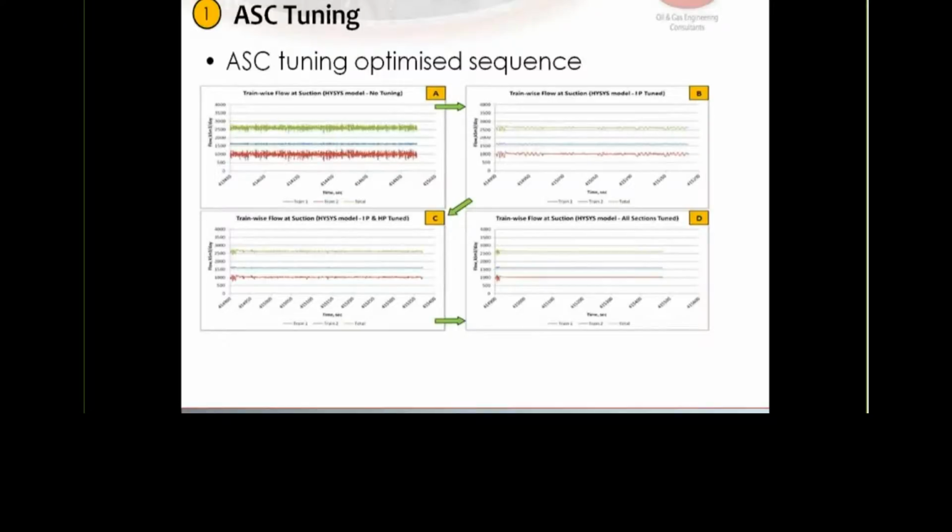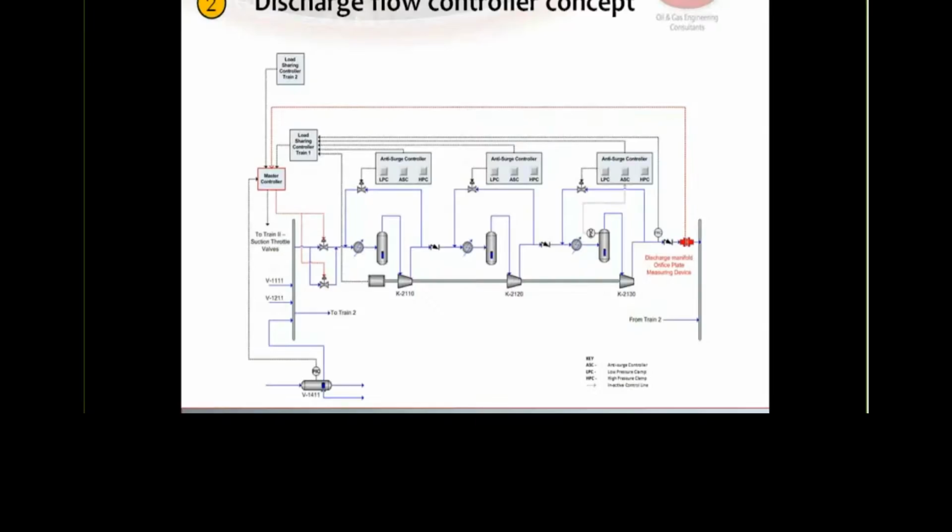For the short term, we suggested that the throttle valve load sharing is put to manual, and we proposed the percentage open for the anti-surge throttle valve for each string during parallel operation, which we came up with by simulating the model itself. And in future, when there is time and a prolonged shutdown, this could actually be done automatically.